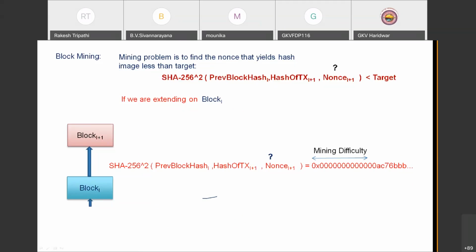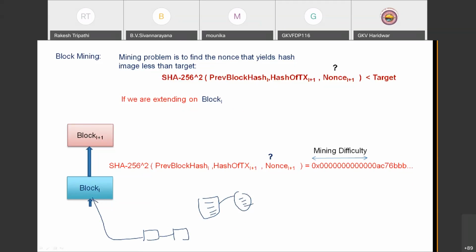See, there are miners. They have a pool of transactions, and they have a blockchain. Let us assume that this is the blockchain. The miner will take certain transactions out of the pool and make a block.